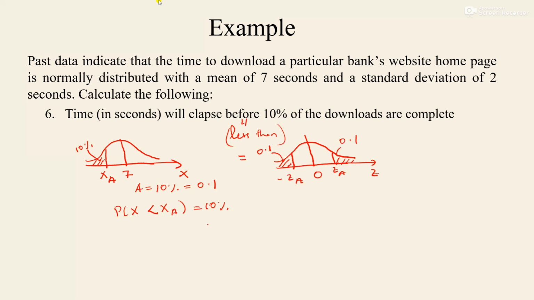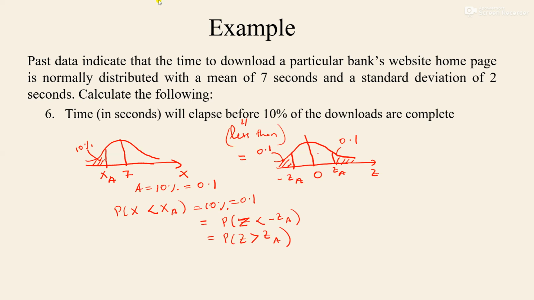If we write in Z terms, probability of Z less than minus ZA is equal to probability of Z greater than ZA by symmetry.